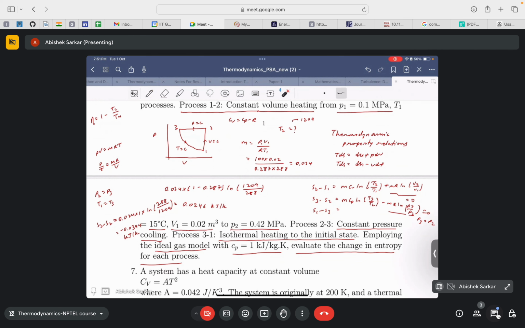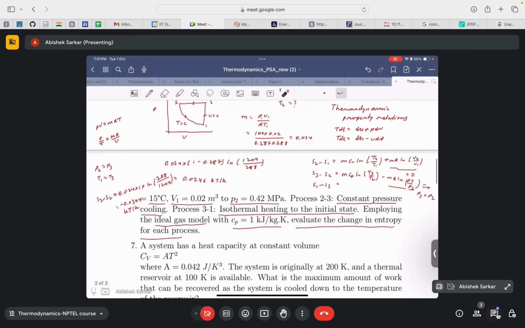So let me write it somewhere here. Okay, so S1 minus S3 should be m, say I am using the second one, Cp ln T1 by T3 minus mR ln P1 by P3. Okay.